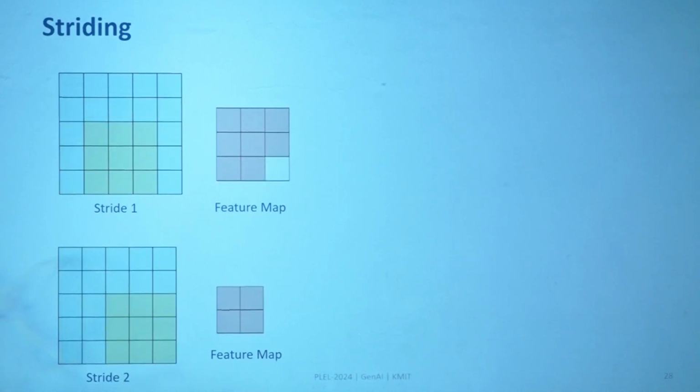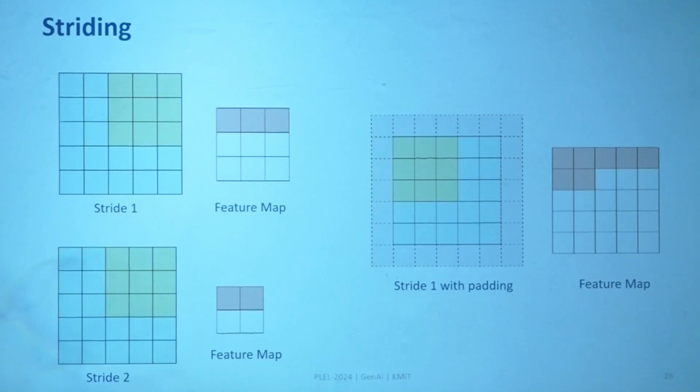Look here. Are you not able to catch it? How many positions is it sliding compared to this one? Stride equal to 2 is mentioned, meaning 2 positions it is jumping. This is strided convolution with padding.